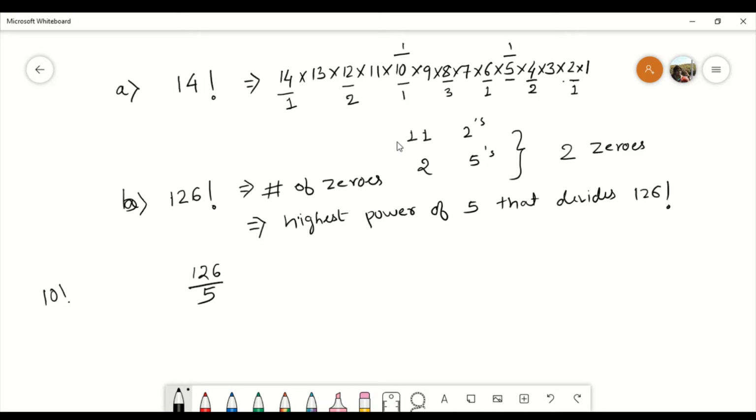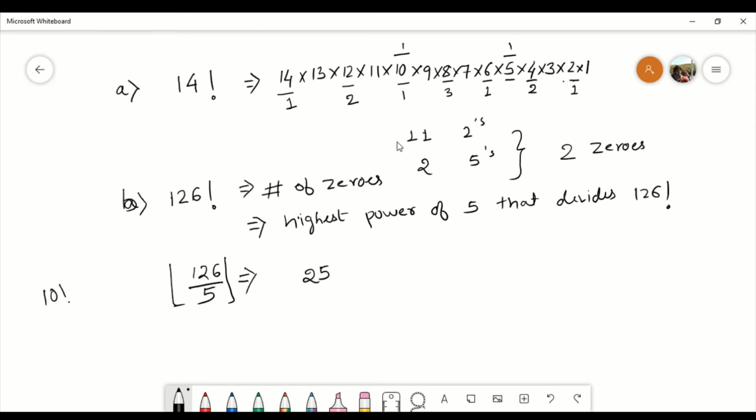So the first 5 I will get at an interval of 5, and then the next 5 I will get at an interval of 5 again, so it is at a gap of 5. To get how many such 5s there are, we are essentially finding the number of such intervals, right? So this will give us the number of such intervals, and we have to take the lower bound because we have to find the integer. So this is 25, right?